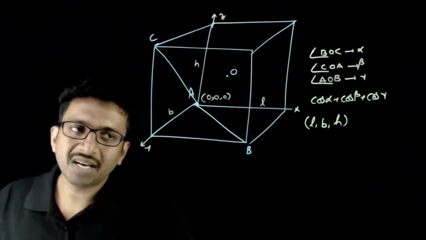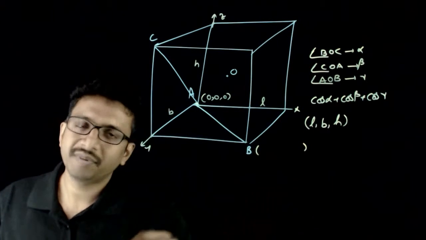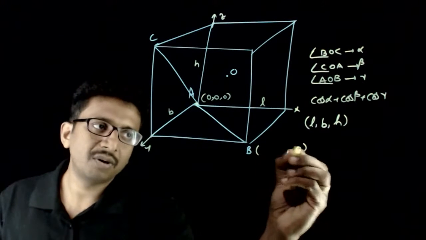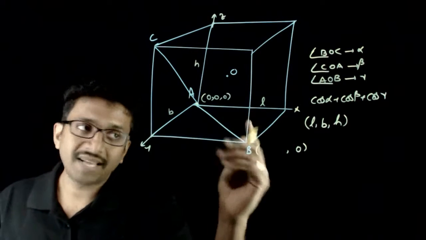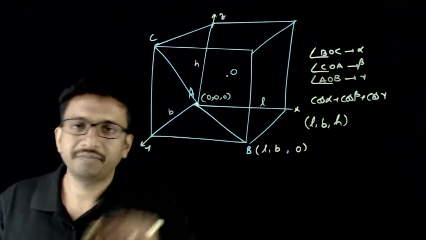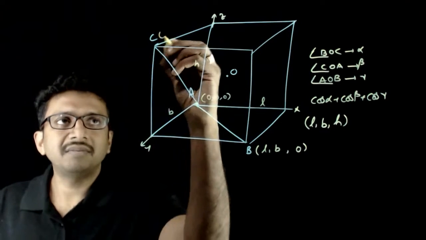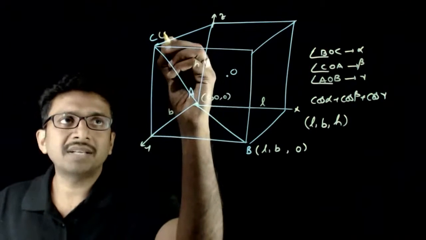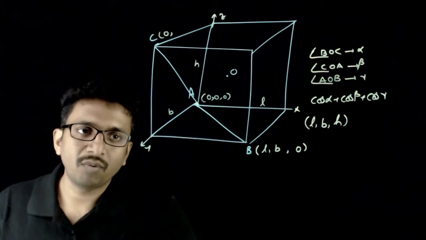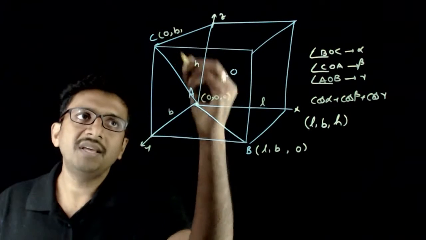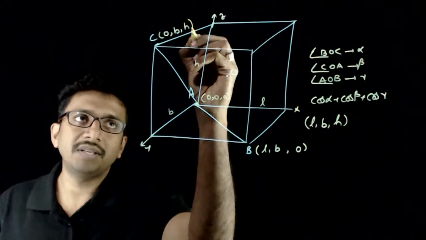Now if A is taken as origin, what are the coordinates of B? B is in the xy plane, so the z coordinate will be 0, and the x and y coordinates are L, B. Now C is in the yz plane, so the x coordinate will be 0, the y coordinate will be B, and the z coordinate is H.